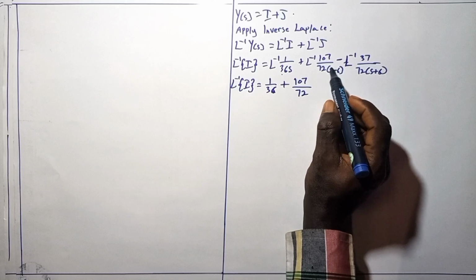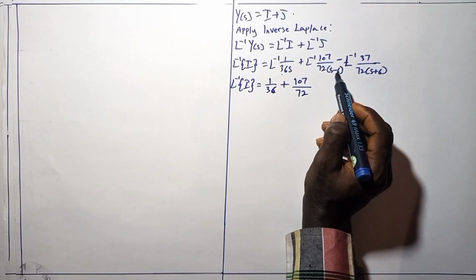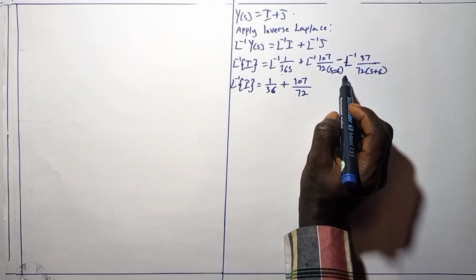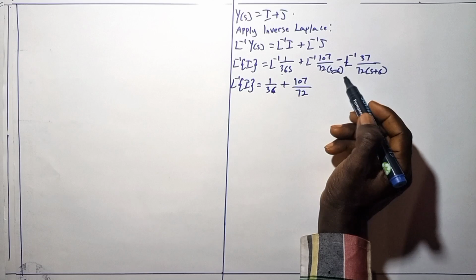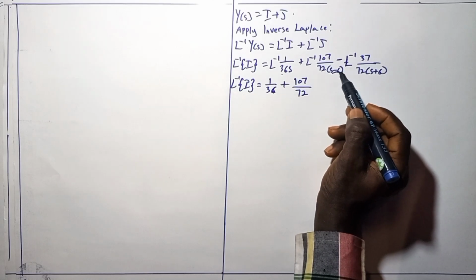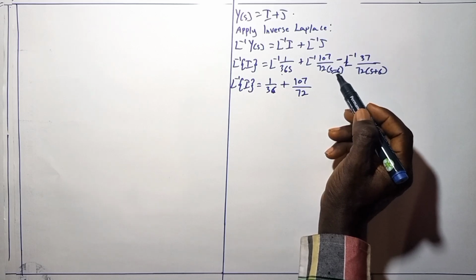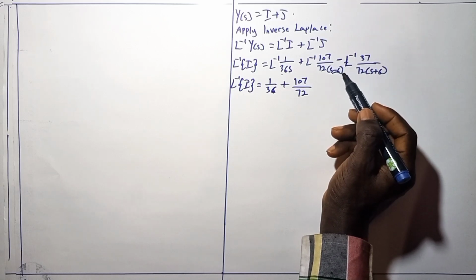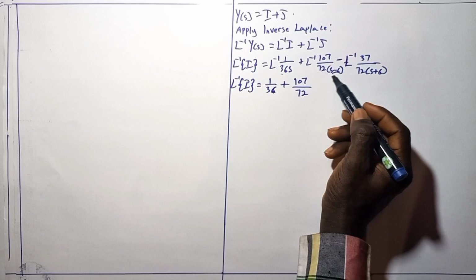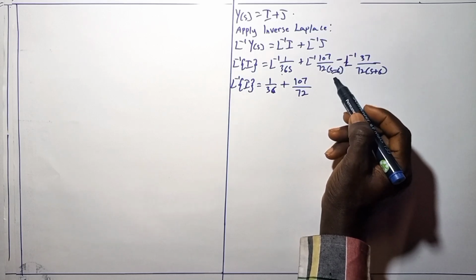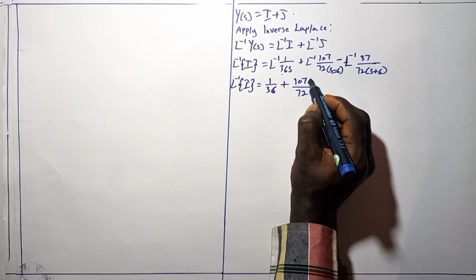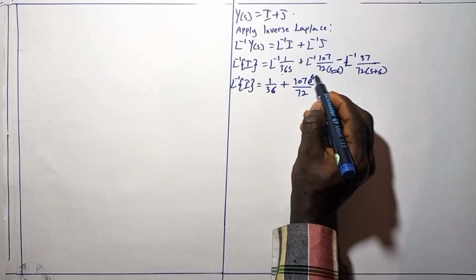So now we're left with 1 over s minus 6. This s minus 6 is an exponential. So when you take Laplace of exponential at, you have 1 over s minus a. So now taking the inverse of this will be exponential 6t.